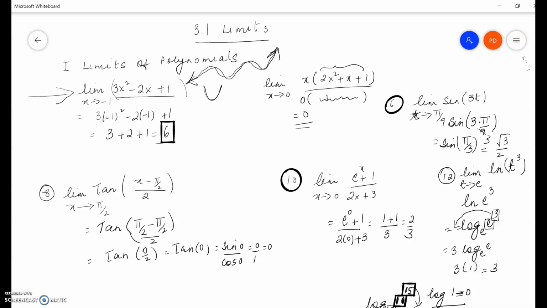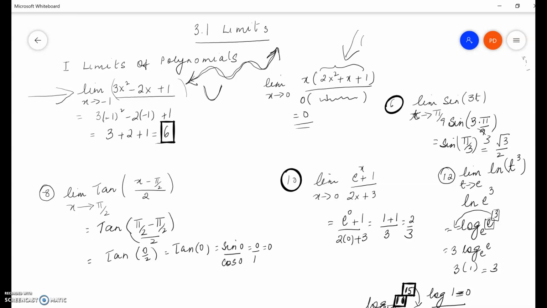Now we look at the next problem, and that is limit of x times 2x squared plus x plus 1. So here, this again is a polynomial.